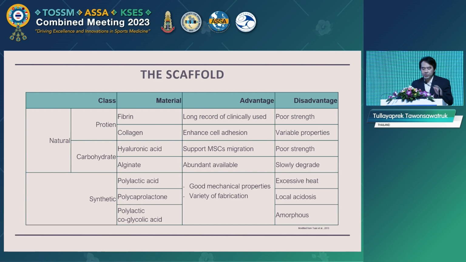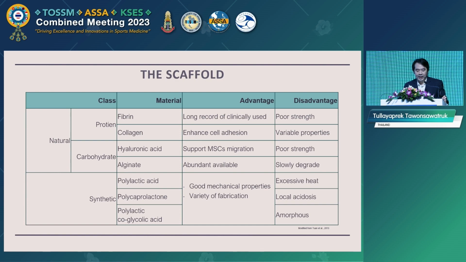When we talk about scaffolds, they can be divided into natural scaffolds that use protein like collagen, as in the previous case where we used collagen gel, and carbohydrates like hyaluronic acid gels and alginate, or even synthetics using polylactic acid or polycaprolactone. These have good mechanical properties.